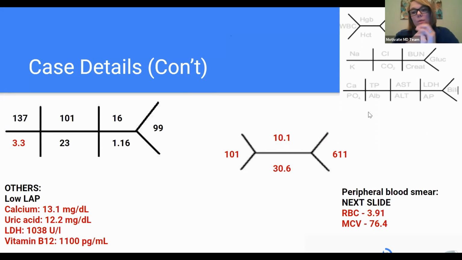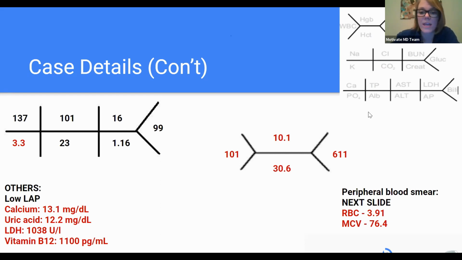Now, when we look at the CBC parameters, we see all red. It's never good when your lab reports come back in red. And it's certainly never good if we see a CBC with a white blood cell count that's 101. The upper limit of normal is around 10 at tops.